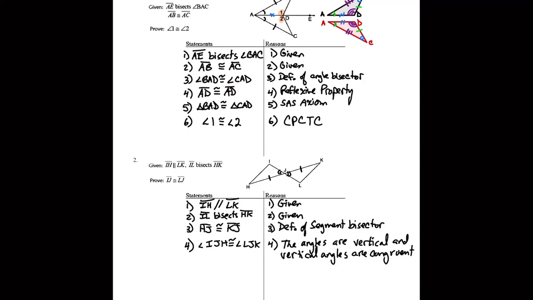So I just need one more piece of information to prove the triangles are congruent. And that's where the parallel line relationship is going to come into play.